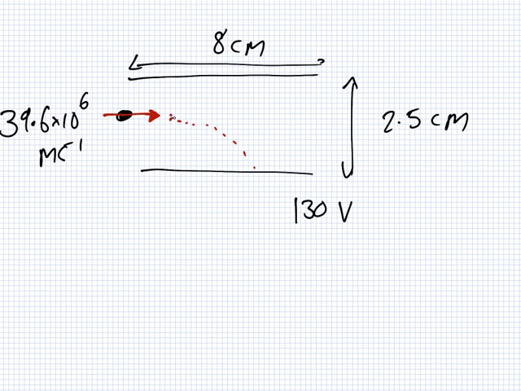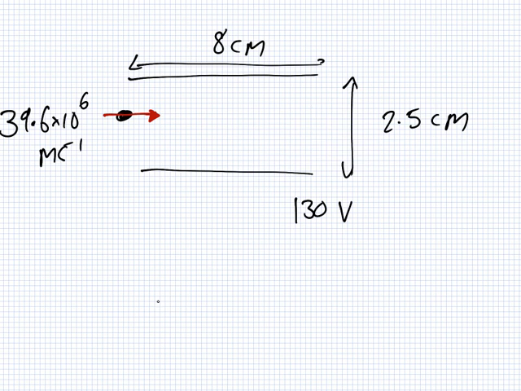So it'll be pulled down, but by the time it gets to the end, it hasn't reached the plate. And they want to know what's this distance here, the distance it falls.